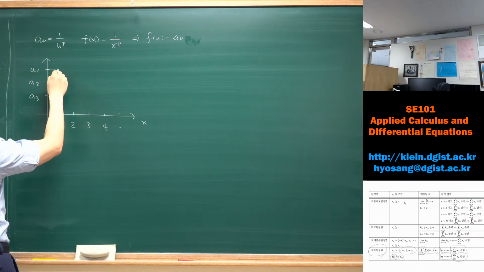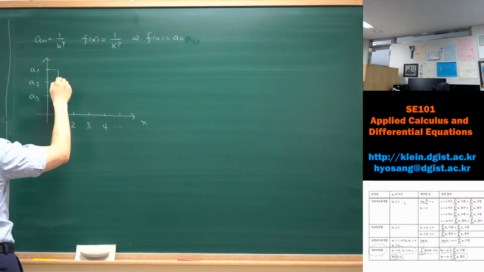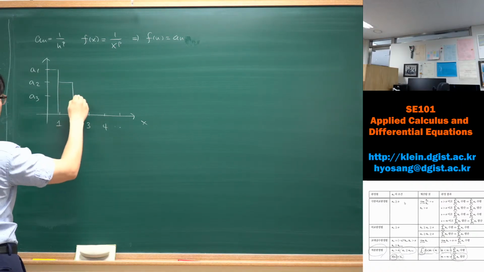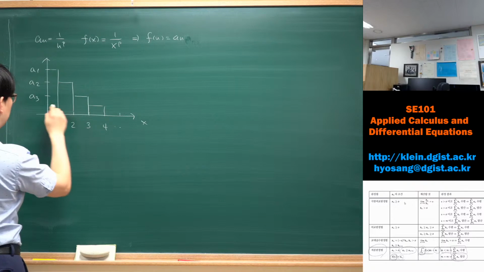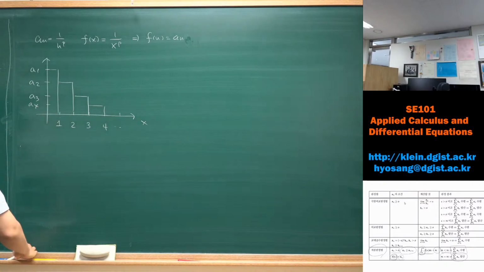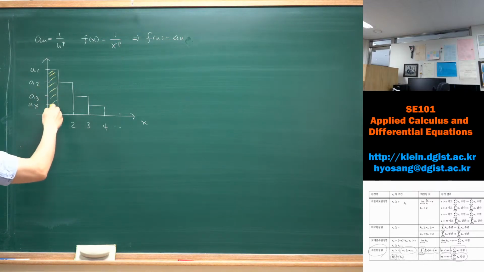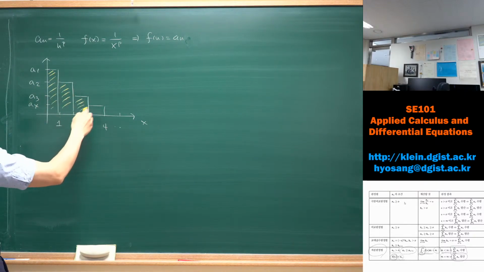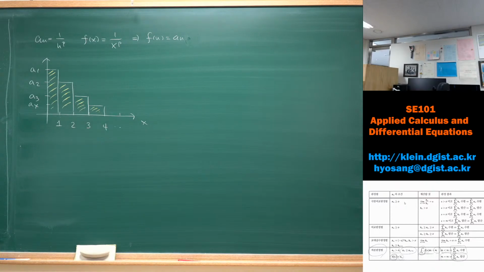If you look at the area of a rectangle, each area is actually the value of a_n.